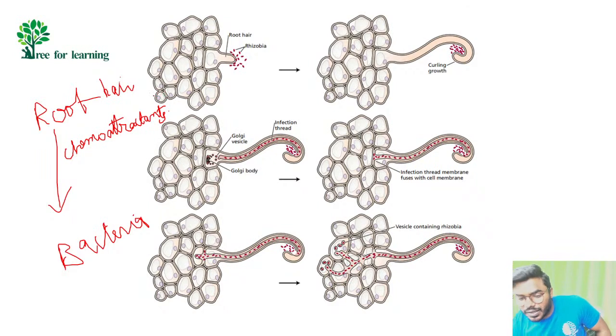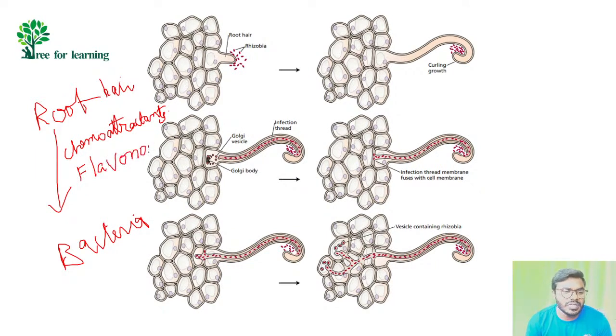You call them chemoattractants. What are the examples of the chemoattractants? Everyone has to remember compulsorily. Examples are flavonoids and betaines. What, friends? Flavonoids and betaines.